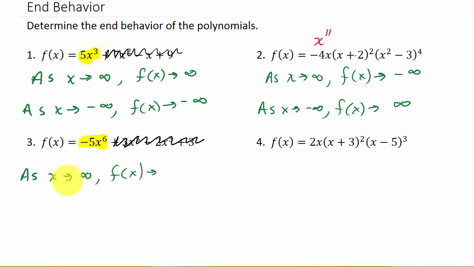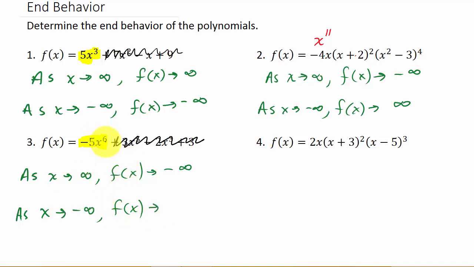Well, if I raise a positive number to an even exponent, that's positive. Okay, and so that's a positive times the negative 5, which is negative, so this would be going to negative infinity. And then as x goes to negative infinity, let's see what f of x does.